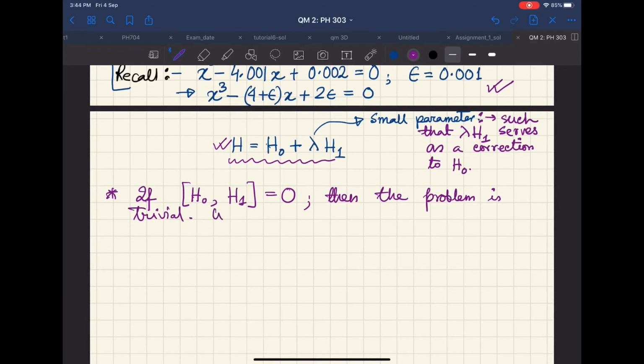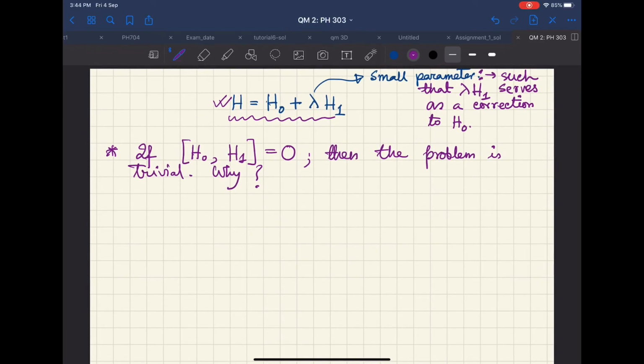Why? This is because if two observables represented by two operators commute, then we can simultaneously diagonalize the two commuting observables.